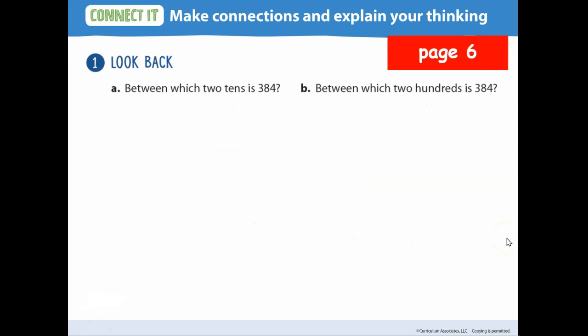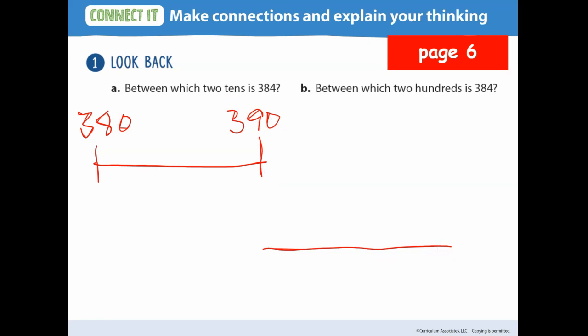Okay, let's look back. Remember what I said. Between which two tens does 384 fall in? Between what two tens? 380 and 390. Now, between what two hundreds does this fall in? What's the first one?